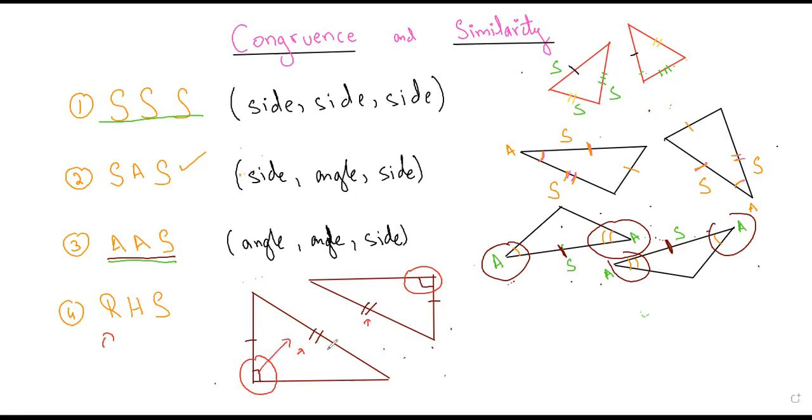If the length of the hypotenuse in both triangles is the same, and both triangles have a right angle, and any one of the other sides is the same, this side or maybe this side and this one, we can say that both these triangles are congruent, because if we use the Pythagoras theorem, we are going to get the remaining two sides the same.